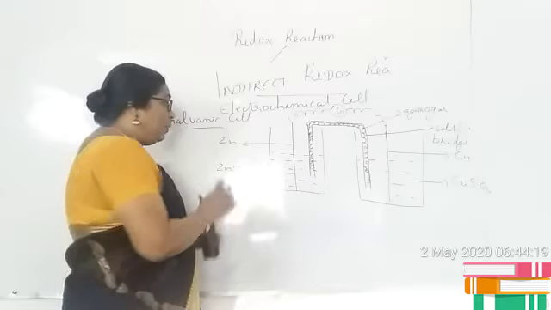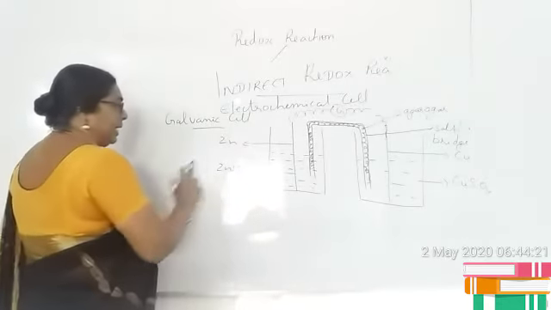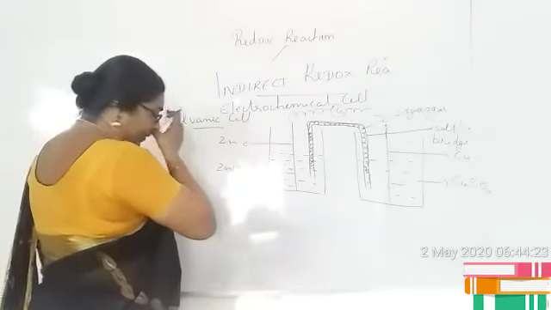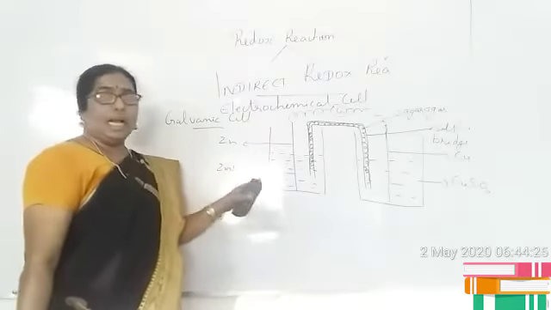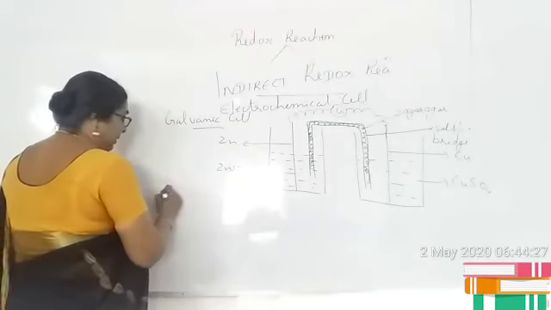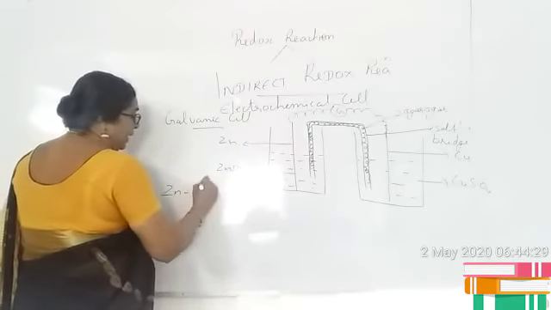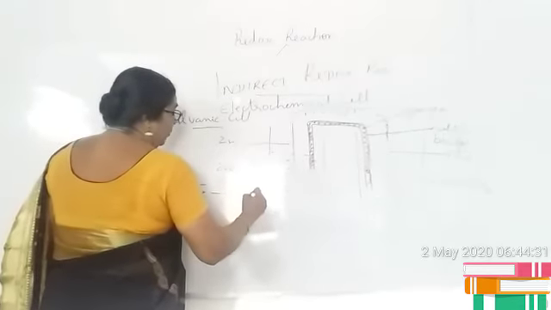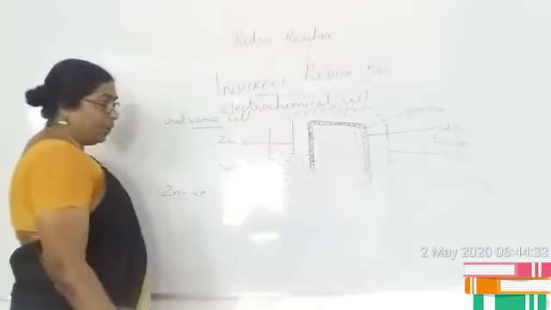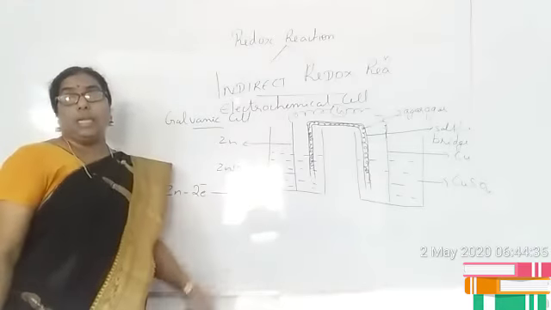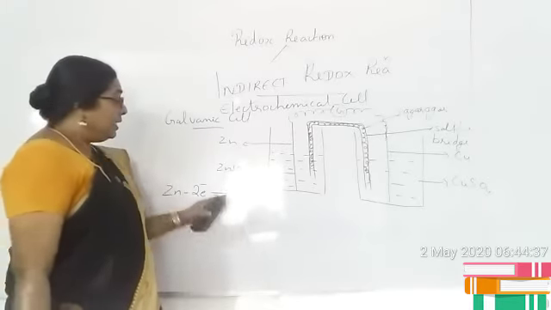Okay, now let us see on passing electric current. Here we can see that first the zinc electrode will be losing electrons and gets converted to zinc ions. Okay, zinc will be losing electrons and gets converted to zinc ions.